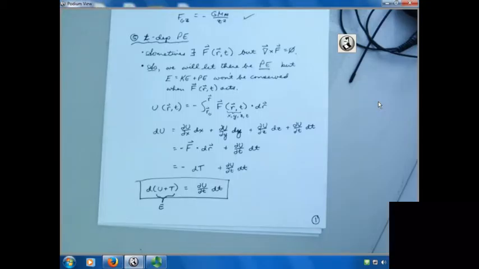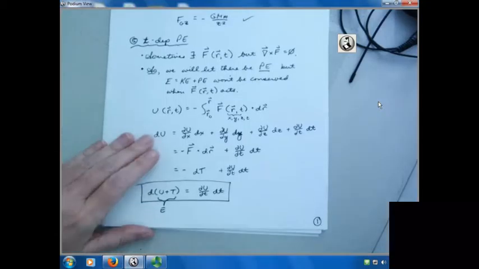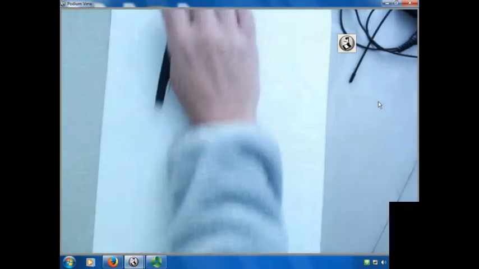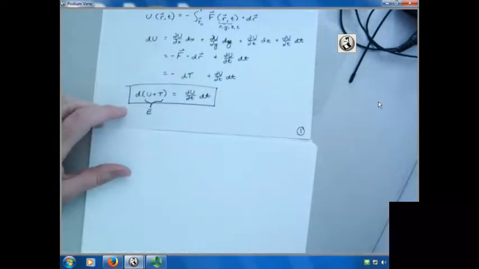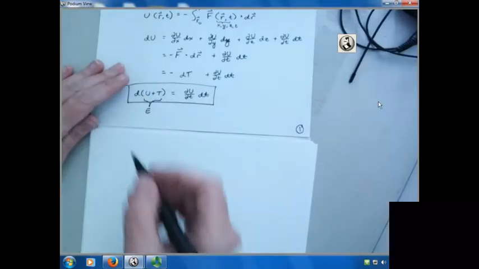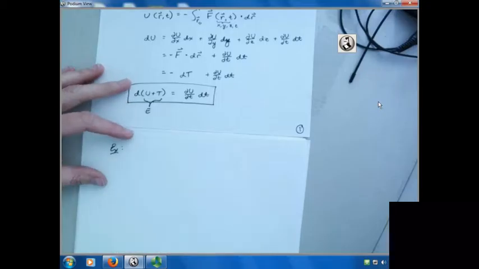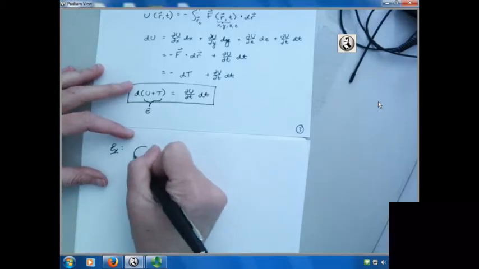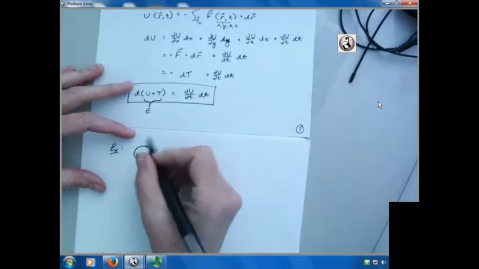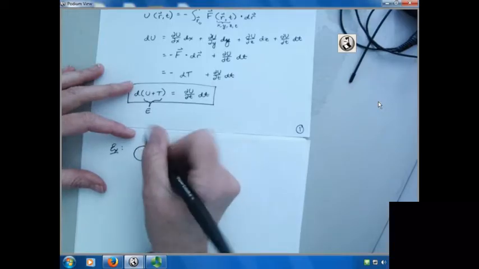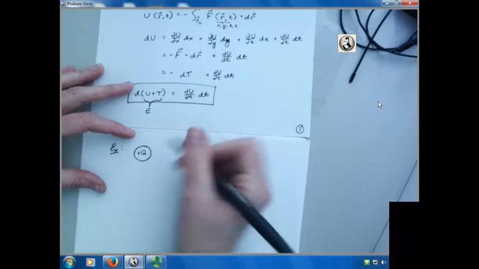I think I'll talk about an example here. And this will just be sort of a conceptual example. So let's imagine that you have like a Van de Graaff generator or something. So maybe this is like a positively charged object.